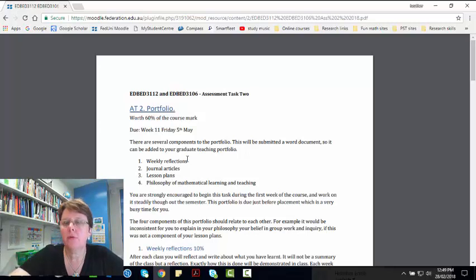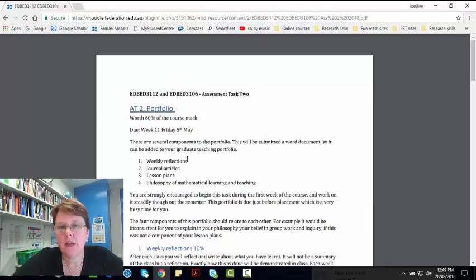The second part of the portfolio task is where you collect 3 journal articles on the teaching and learning of one particular topic. Can you not make it the same topic as you did in your first assignment? There'll be a little link on how to find journal articles in this assessment part of the Moodle as well.